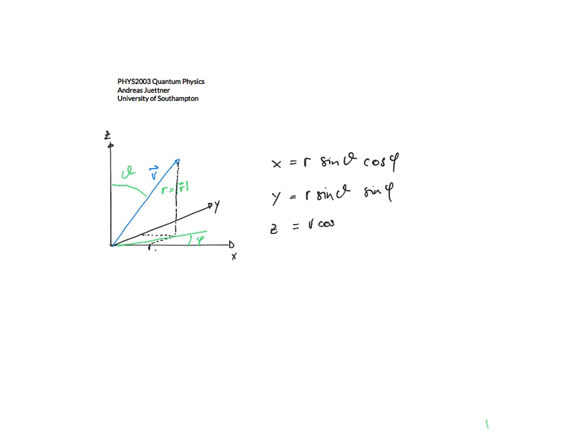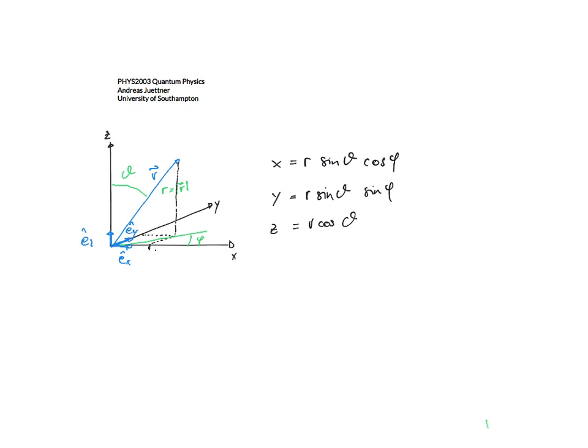Another way of writing this is to use the unit vectors, which I call hatted unit vectors: the z unit vector ez, the y unit vector ey, and a unit vector in the x direction ex.